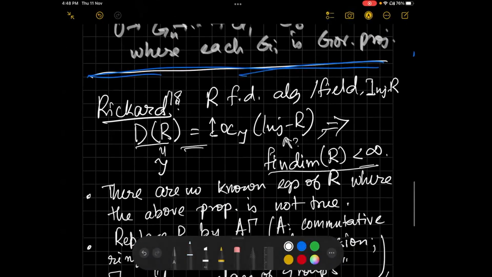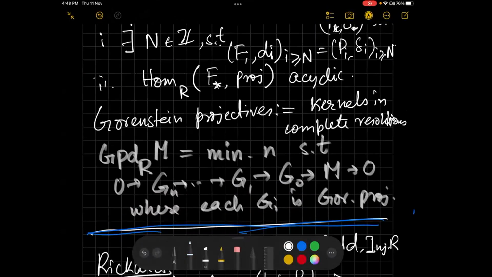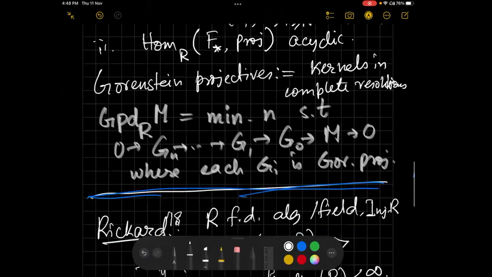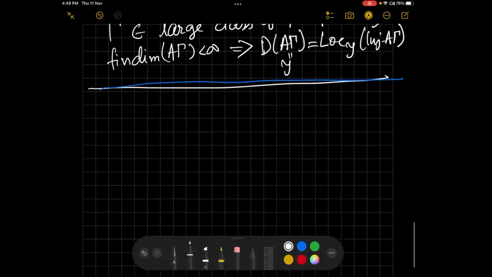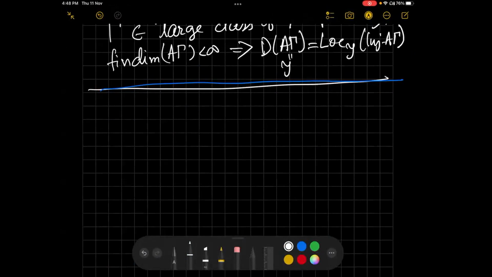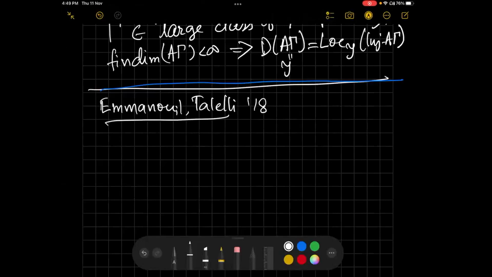And that is why I spent a few minutes at the beginning talking about all these various invariants. Now coming back to the invariants for a minute, let me just say that for SILP and SPLI, there is a result due to Ioannis Emmanouil and Olympia Talelli from 2018, and this is something very, very helpful.